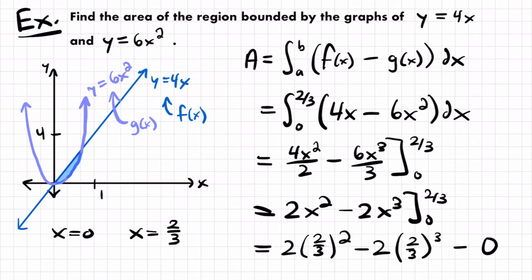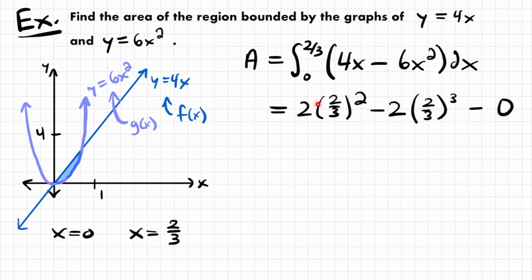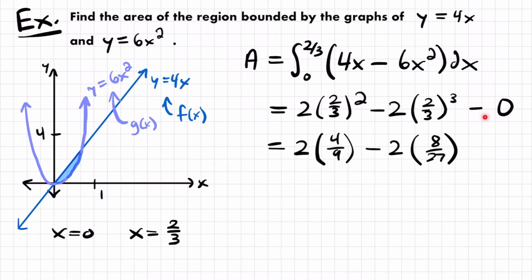All right, but if we clean up our work here, we can simplify our answer and find that this is equal to 2 times 2/3 squared, and 2 squared is 4, and 3 squared is 9, so we'll have 4/9, minus 2 times 2/3 cubed. Now 2 cubed is 8, and 3 cubed is 27, so we'll have 8/27, and then we don't need to write that minus 0.